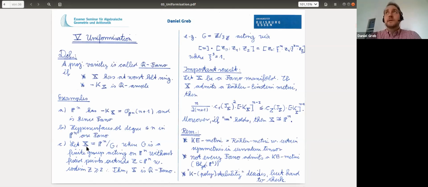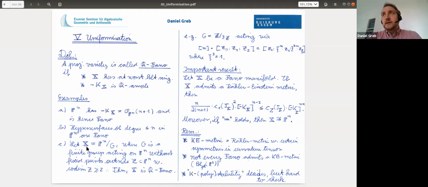Okay, so a couple of remarks. Well, I think Henri explained extremely well what a Kähler-Einstein metric is. Just a quick reminder, it's a Kähler metric with certain symmetries in the curvature tensor. And the main message also is that not every Fano manifold admits a Kähler-Einstein metric. The example of a blowup of P2 in a point was already given, which has non-reductive automorphism group, and hence it cannot admit a Kähler-Einstein metric.